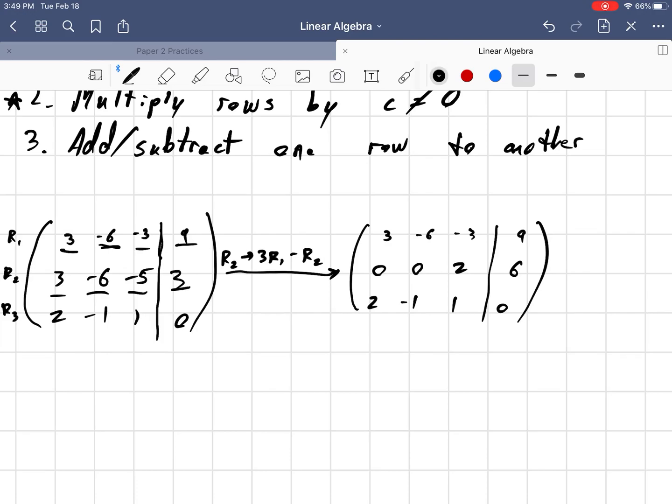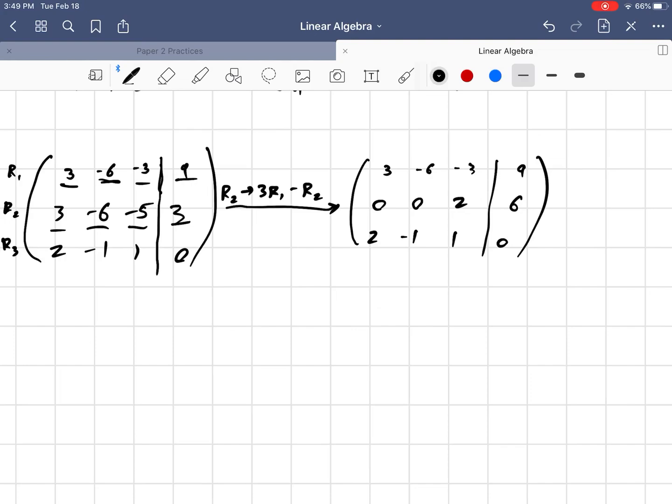And we could do a number of different things to this augmented matrix. There are a couple of useful forms that we can get the matrix into for solving systems of linear equations.